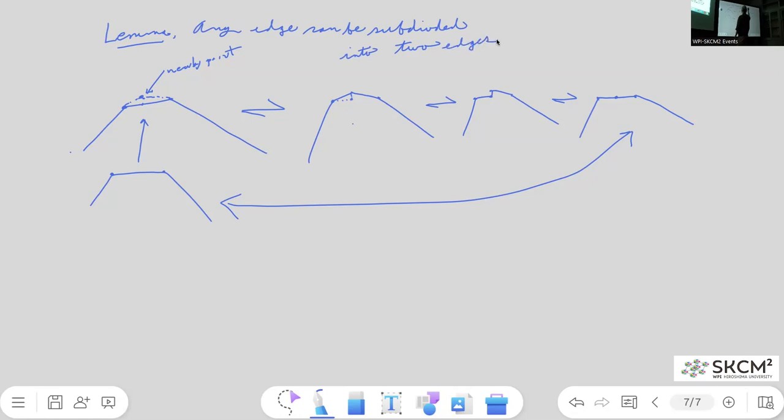You can put a point in the middle of an edge. It looks like a kind of football, but it's true, right?